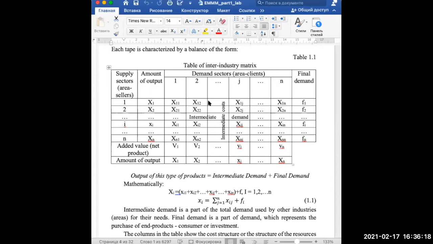So what can we see? We can see a double situation. First, it is the situation when we explain outputs of each industry or branch from the demand point of view.